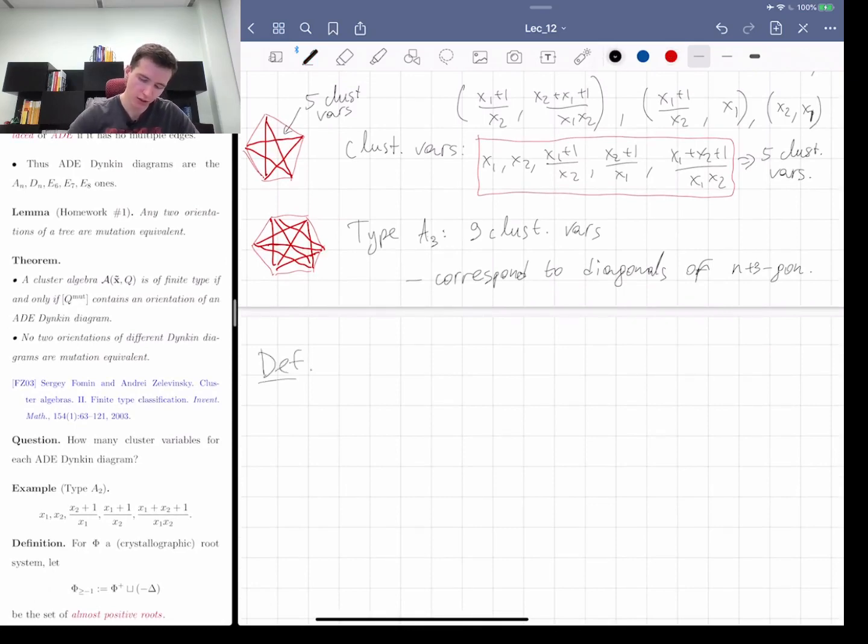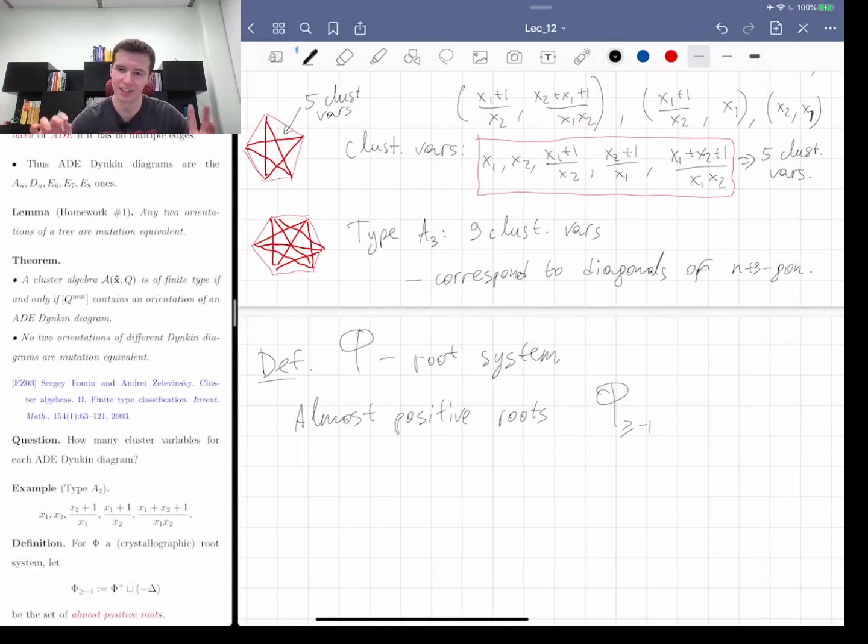Definition. You fix Phi, just some crystallographic root system, then the set of almost positive roots is denoted by Phi greater than or equal to negative 1. It's like almost totally positive, but almost. And so it's just the union of the positive roots with negative Delta, where Delta is a simple system.